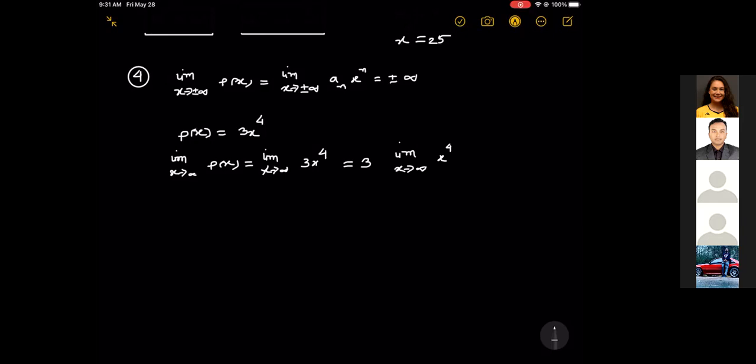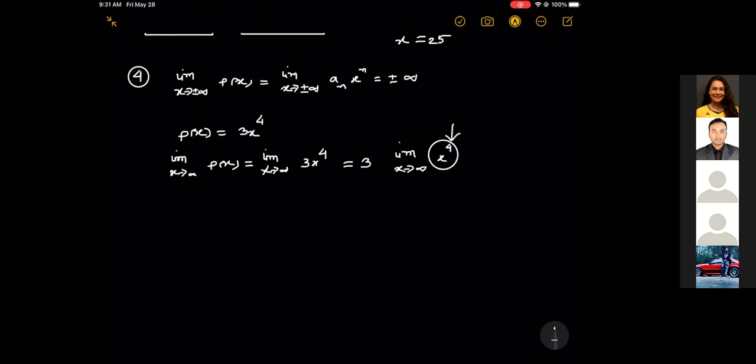Since we have a positive exponent and x is approaching positive infinity, we don't really care whether the exponent is even or odd.